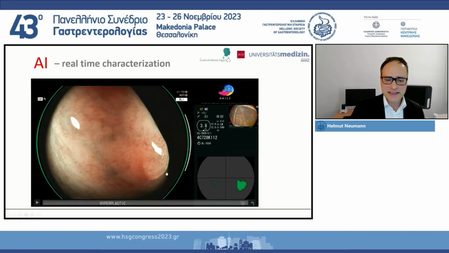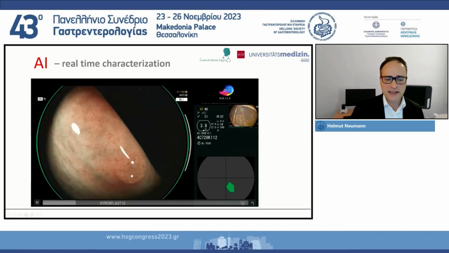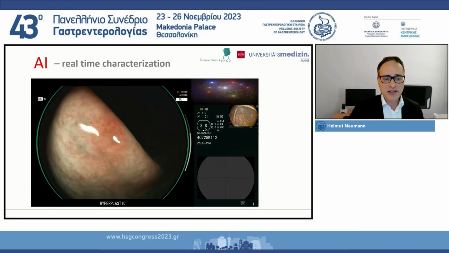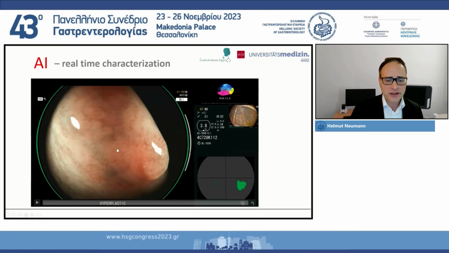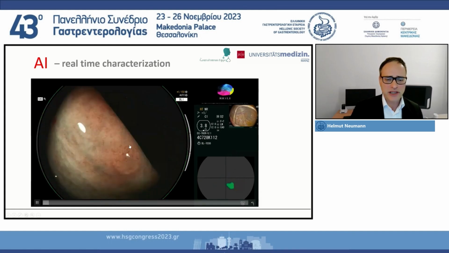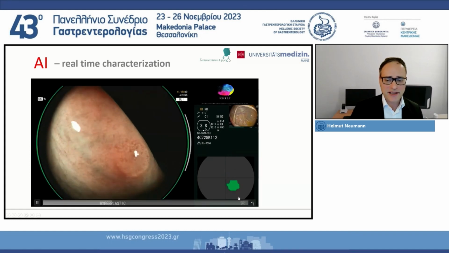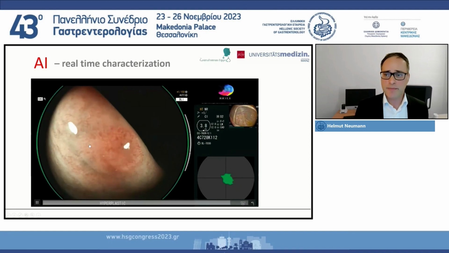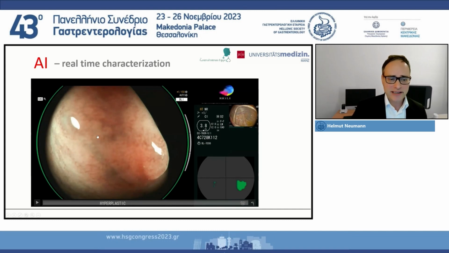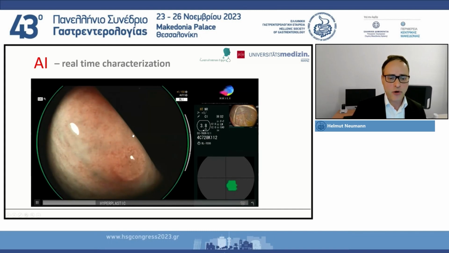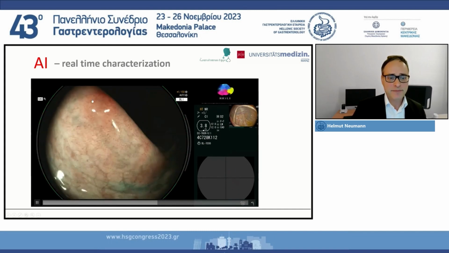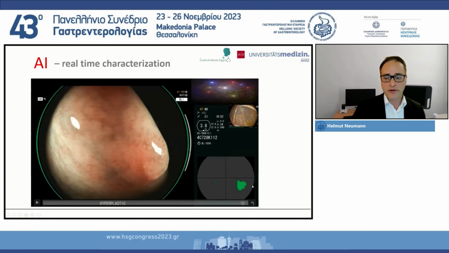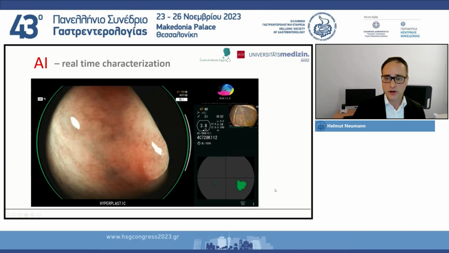This is such a small and tiny lesion, maybe only 1 or 2 millimeters maximum in size, but you can see, although it is such a very, very small lesion, the computer is already identifying it. Of course, it's a hyperplastic lesion, but I feel it's so impressive to show how effectively this computer works. It's already identifying this nearly nothing-appearing tissue here, and it's already characterizing it, of course, as a non-neoplastic lesion.